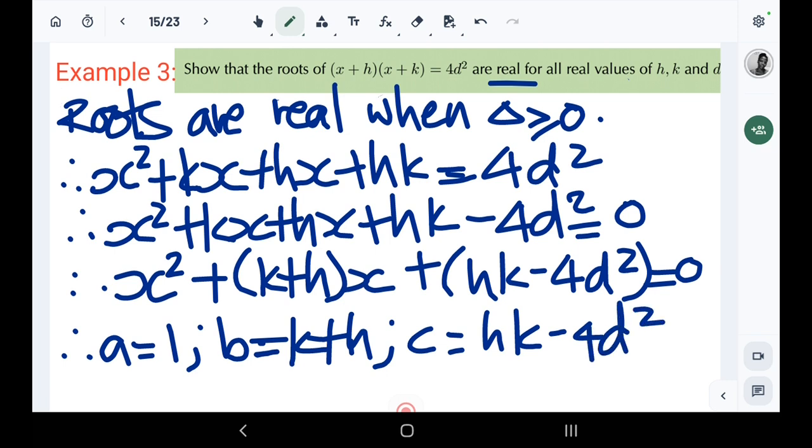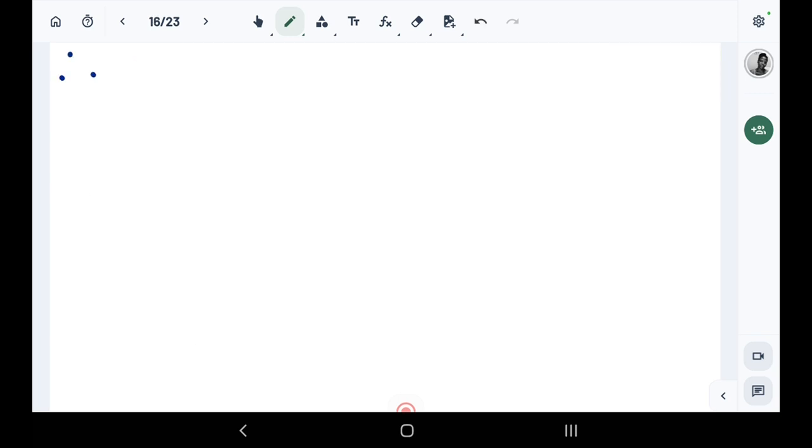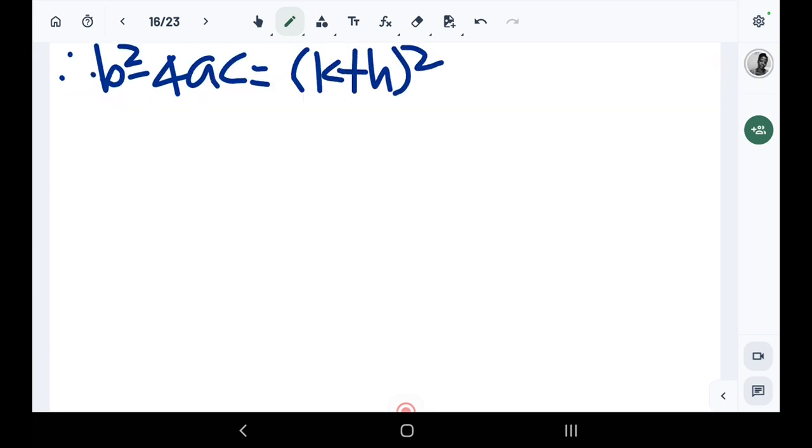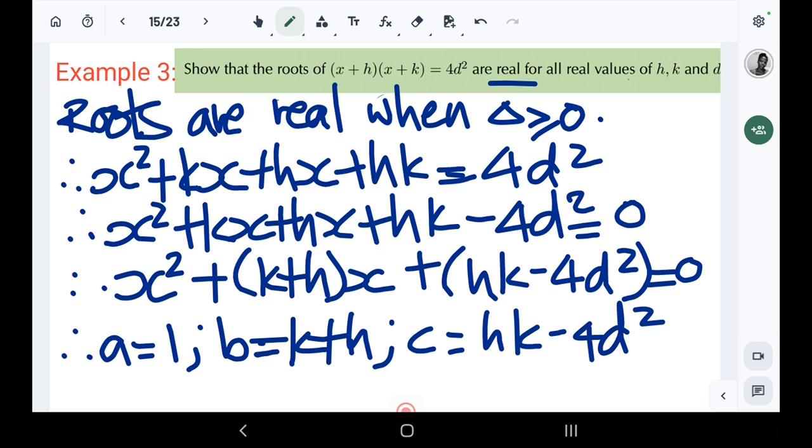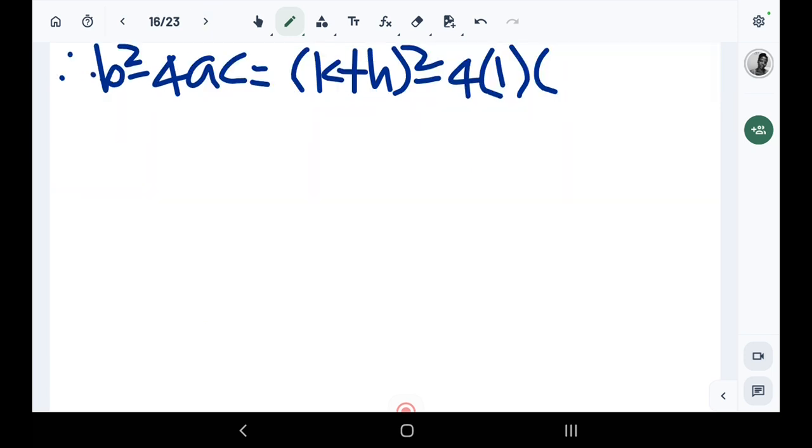Now let's find what the discriminant is. Therefore, b squared minus 4ac is equal to, our b is k plus h, all squared, minus 4, a is 1, c is hk minus 4d squared. So let's calculate that.